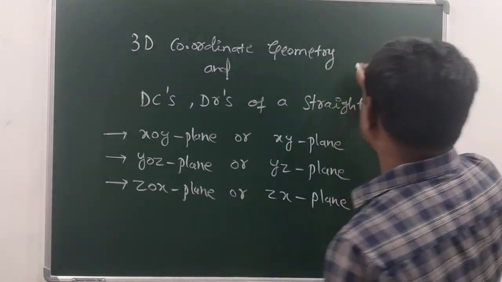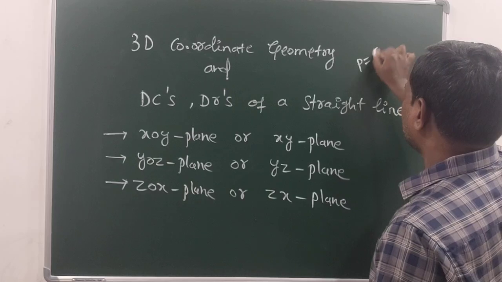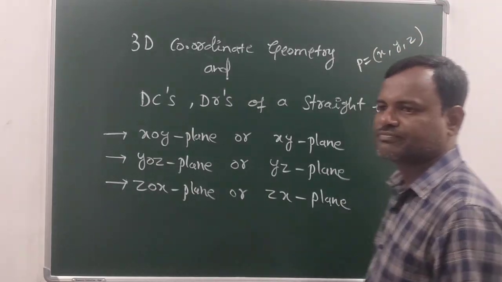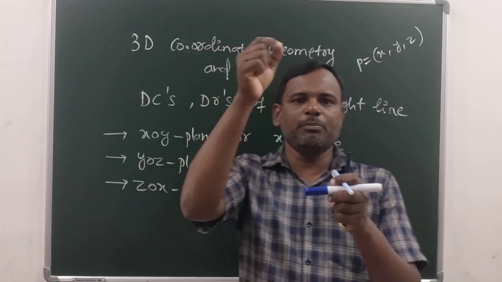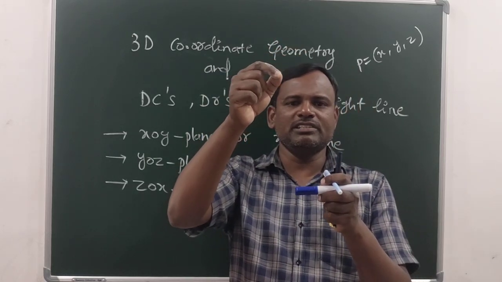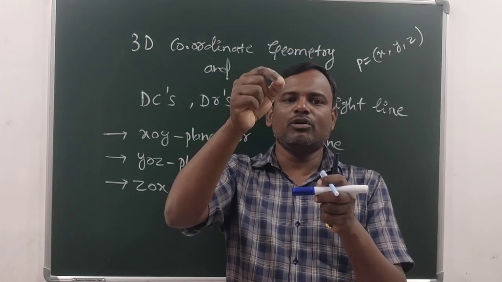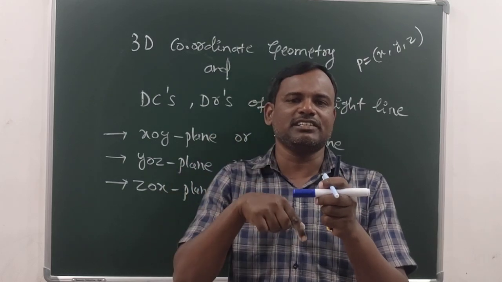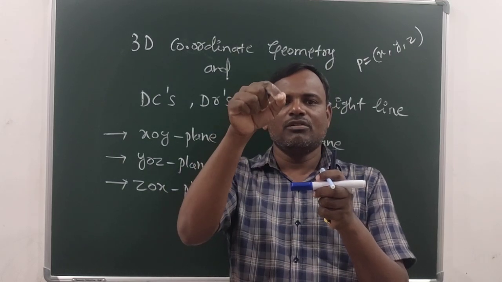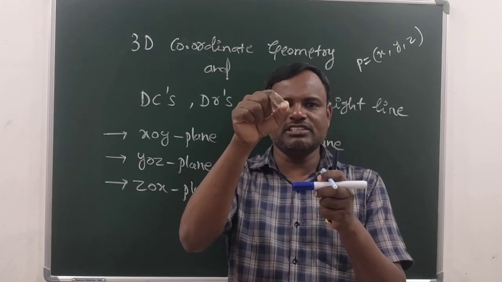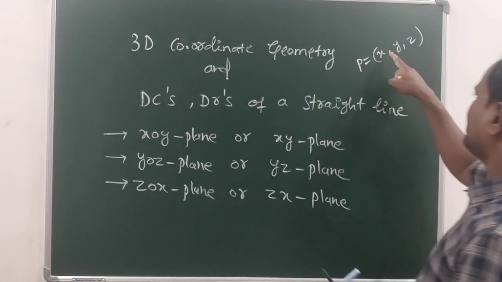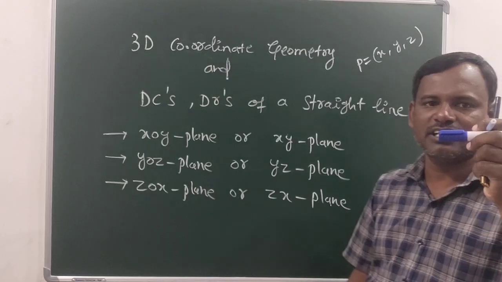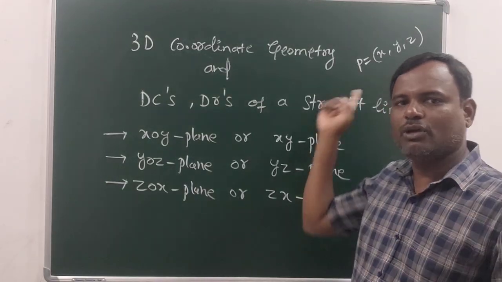Let us say those three real numbers are x comma y comma z. I have taken a point in the space and I would like to coordinate that point with respect to these x, y, z axes. So what will be the coordinates of that point P? x comma y comma z. So here we have three axes, hence we get three coordinates.